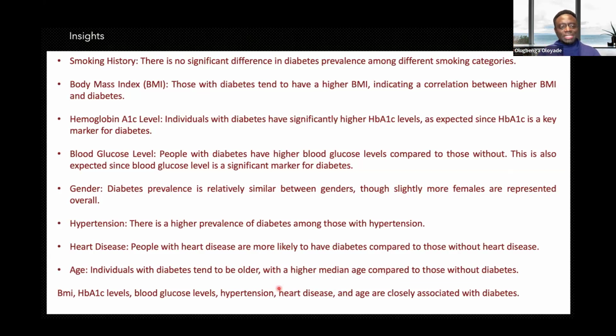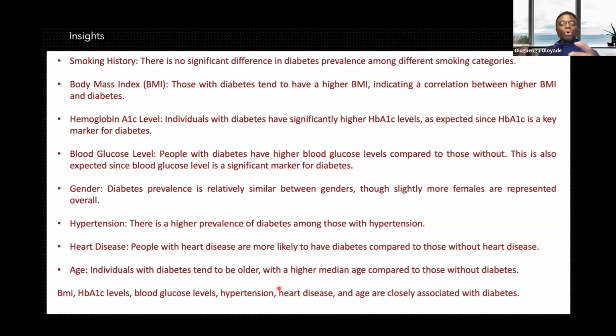Now, talking about gender, the diabetes prevalence is relatively similar among the genders. Then hypertension, there is a higher prevalence of diabetes among those with hypertension. Then people with heart disease are more likely to have diabetes compared to those who don't have. Also, age.